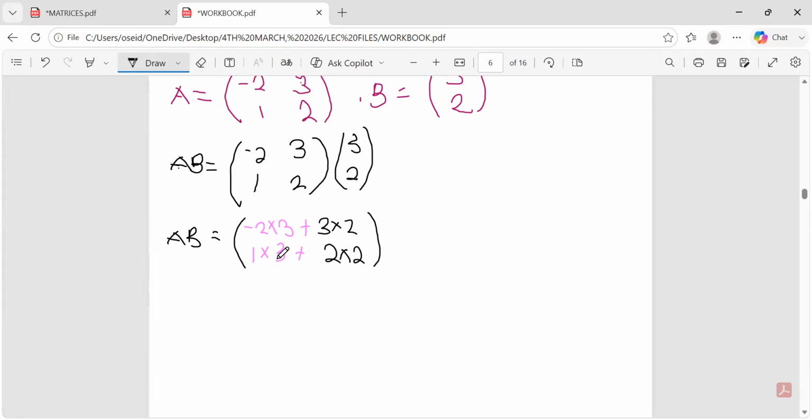Even if it's a 3 by 3 matrix, they are not going to change. They will be in line. So always check that to make sure that you are doing the right thing. Alright.